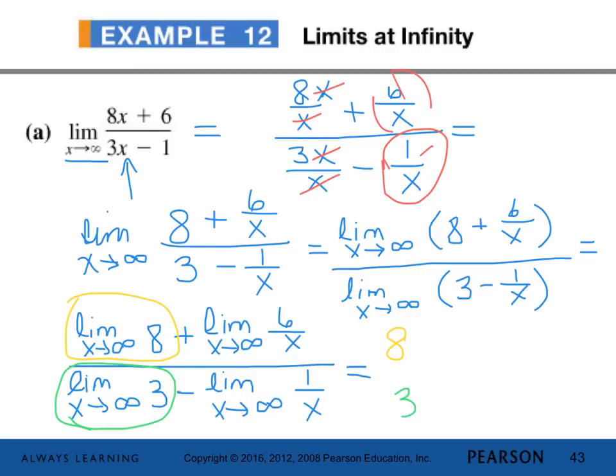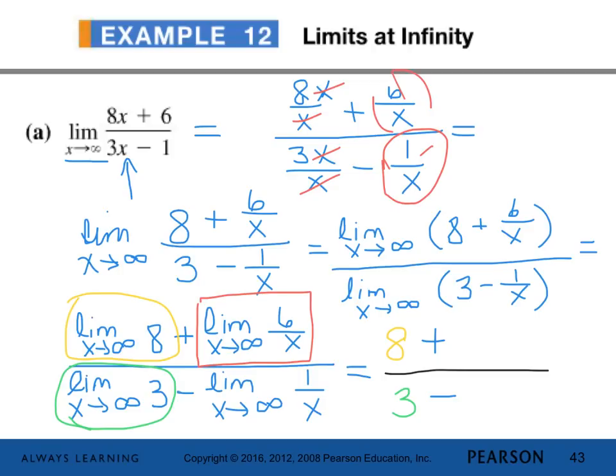It doesn't change. And this is where things get interesting. The limit as x approaches infinity of 6 over x, I don't care how big x gets, you can divide 6 by as large a number as you want to. 6 is not going to disappear.